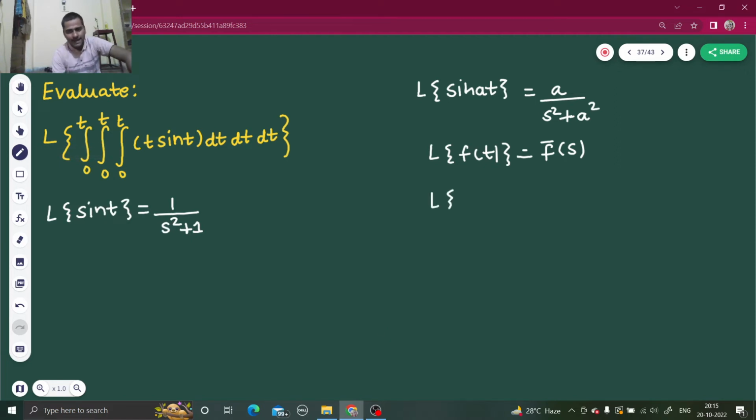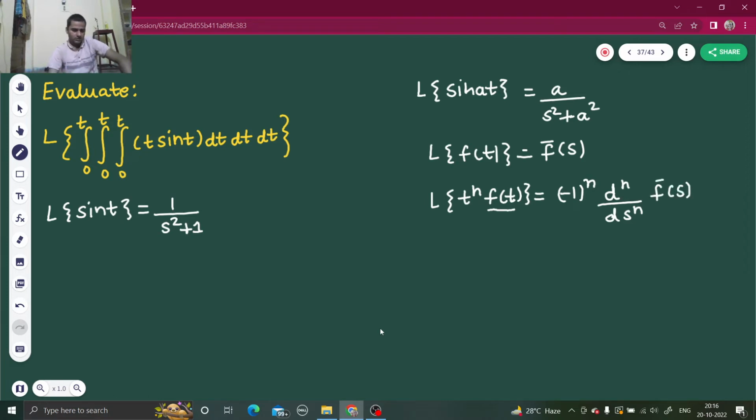If you are multiplying f of t by t power n and taking the Laplace transform, first multiply by minus 1 power n, and then take the nth order derivative with respect to s of the Laplace transform of f of t, which is f bar s.